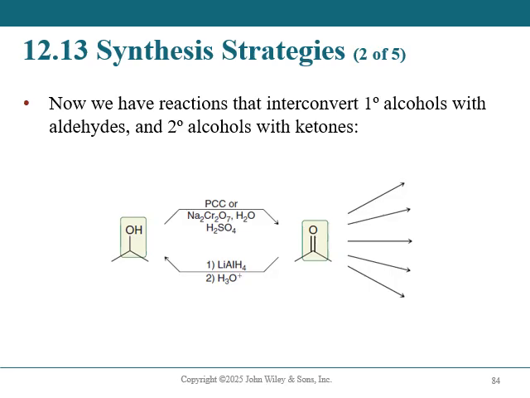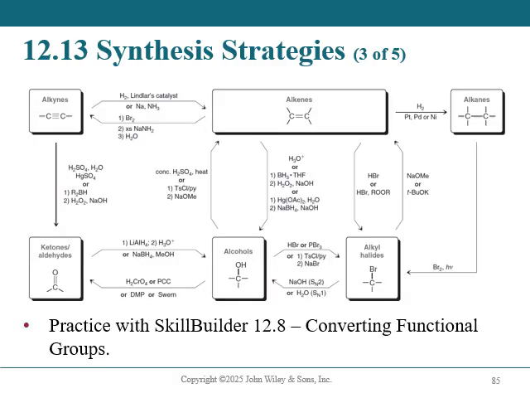Now we have reactions that interconvert primary alcohols with aldehydes and secondary alcohols with ketones. With that in mind, we have a number of reactions that we can carry out in a number of steps. My advice is for you to familiarize yourself with this schematic that we have here, where all the reactions are interconnected with one another.